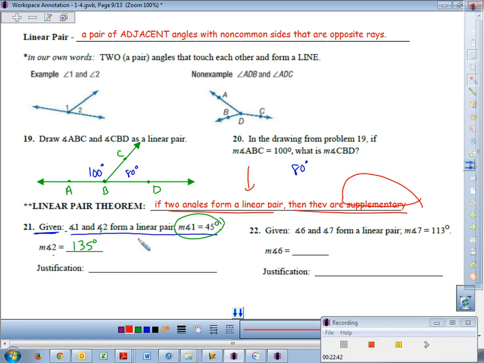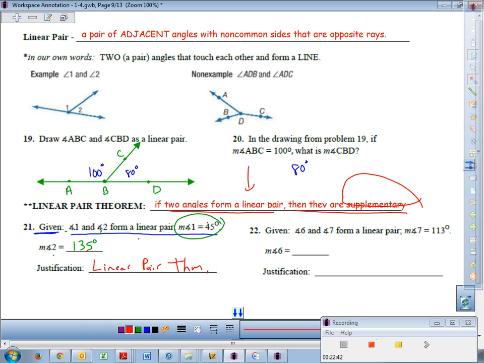Did we realize that they should be supplementary? That is the linear pair theorem, and you can abbreviate theorem THM. The linear pair theorem says, in any situation, if you've got a linear pair, those two angles have to be supplementary. It's been proven. You just kind of proved it right there to me generically.